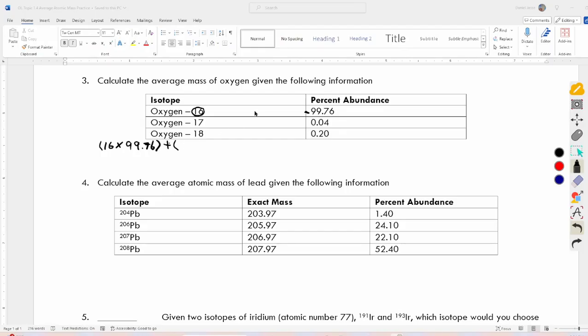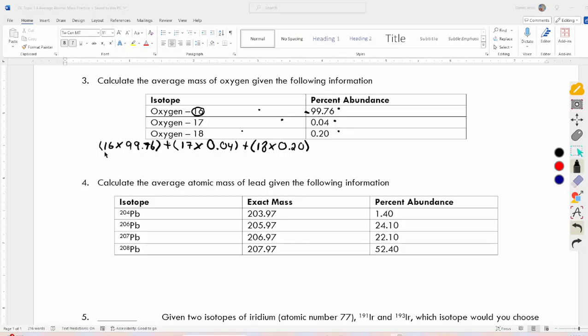All we're doing is this one times that one, plus this one times that one, plus this one times that one. And that's all you got to do. 17 times its percentage, 0.04, plus, what's the next one? 18. What's its percentage? 0.20.